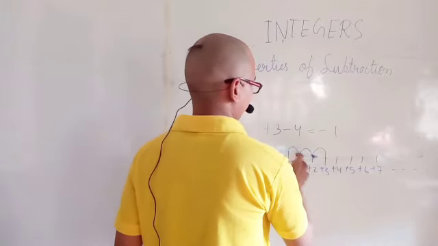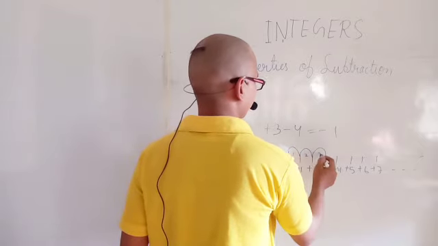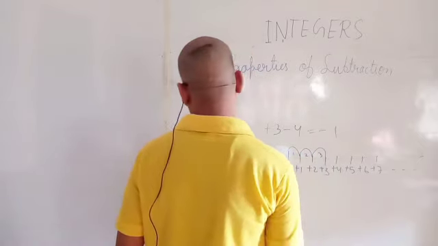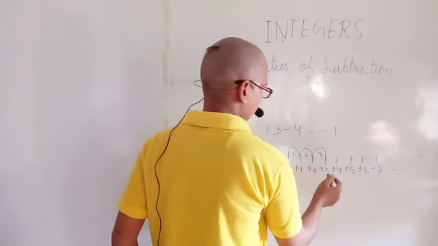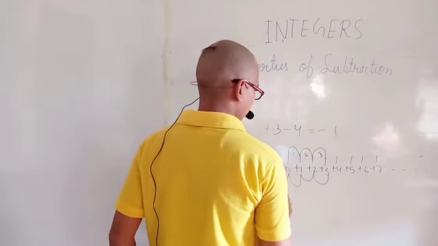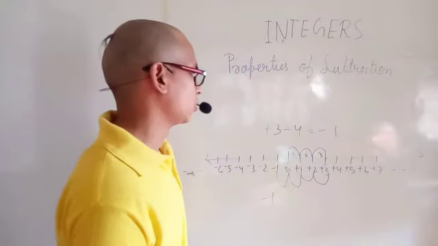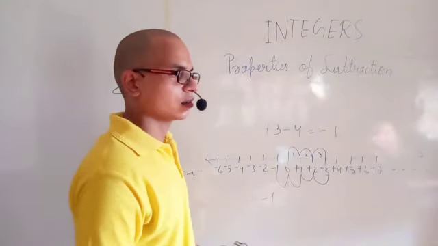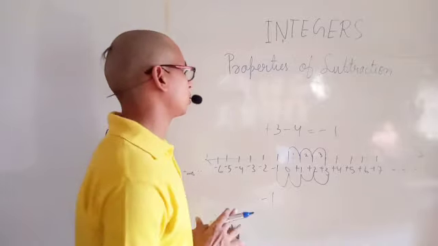So firstly we go 1 2 3, and we will continue this process on the left side. So now we have minus 4, so that's why we go 1 2 3 4. So we have minus 1 as an answer.